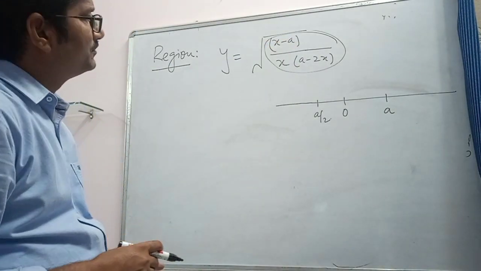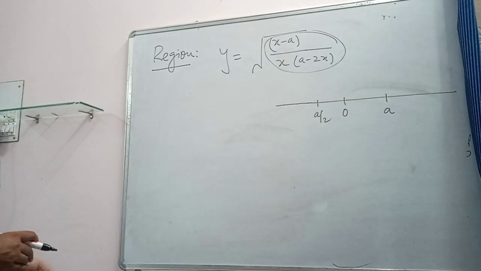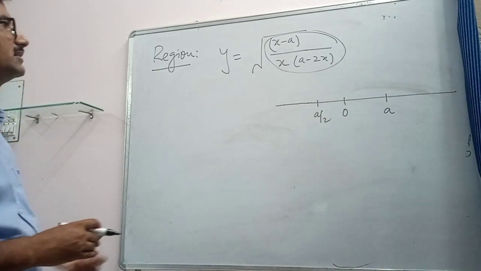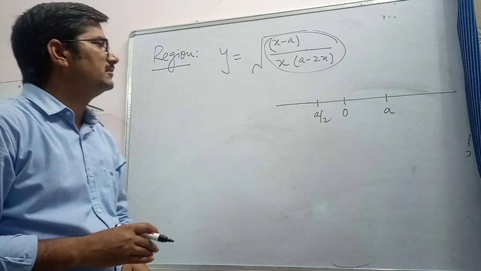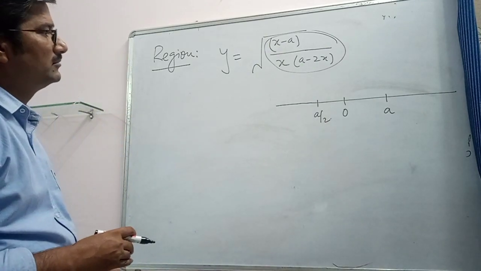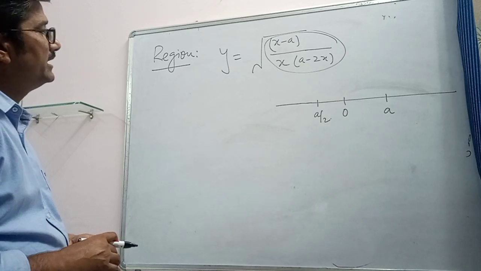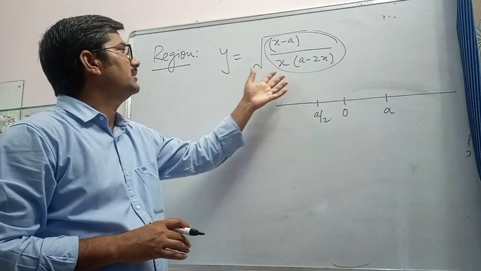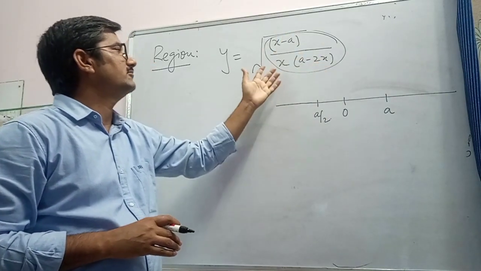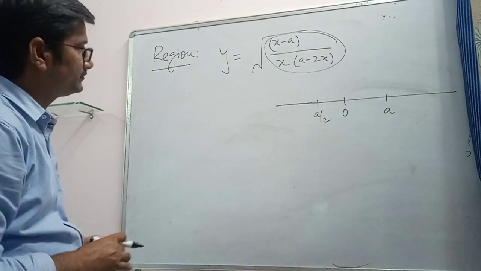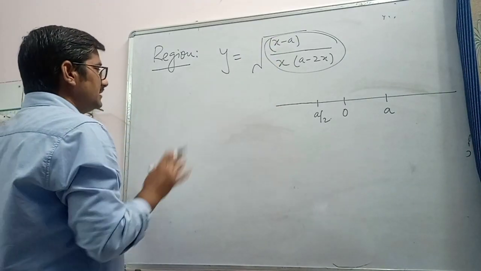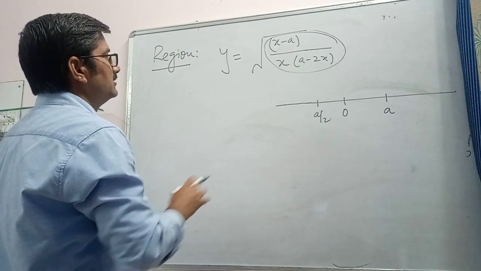So what is our objective? Our objective is to search for that portion where this value is negative, and we will not try to trace the curve in that portion. Now what is the idea to check where this expression is negative or where it is positive? There is a method known as the wavy curve method.